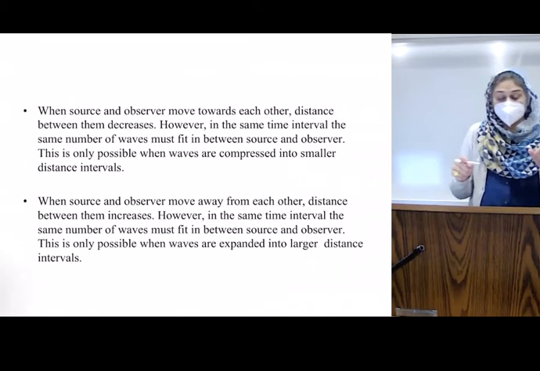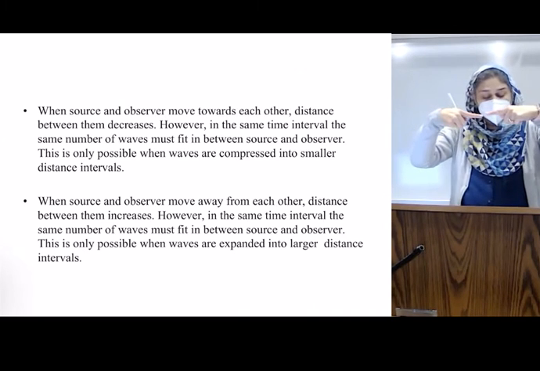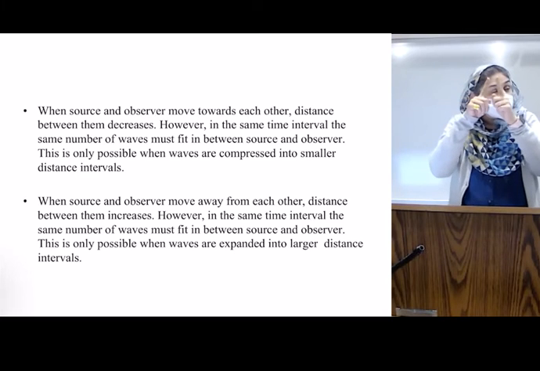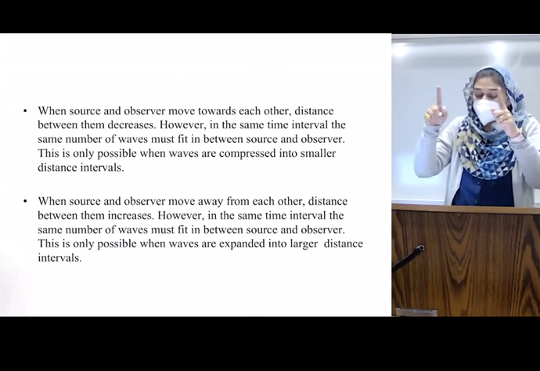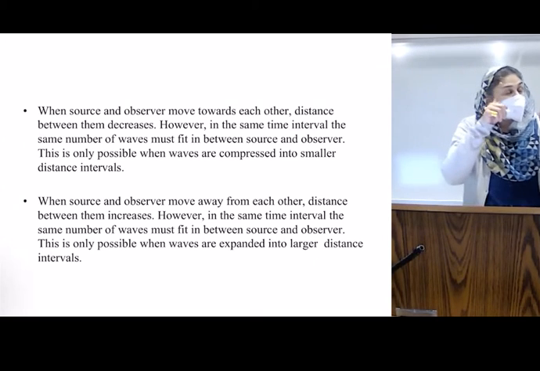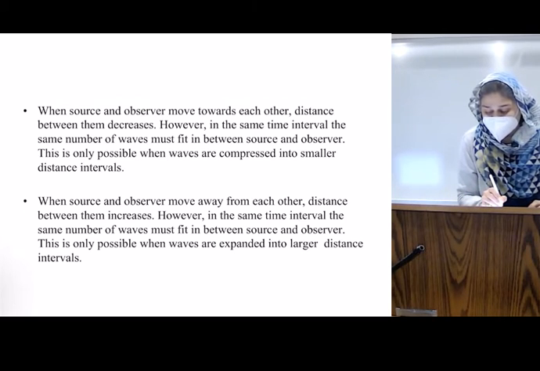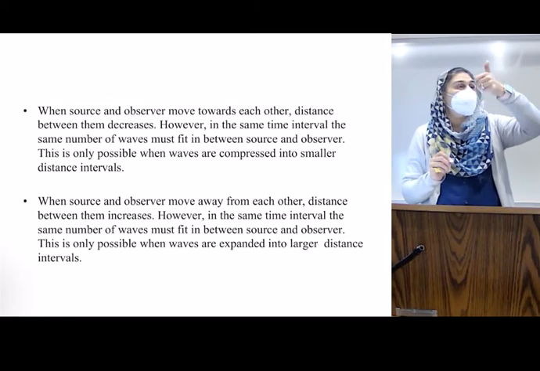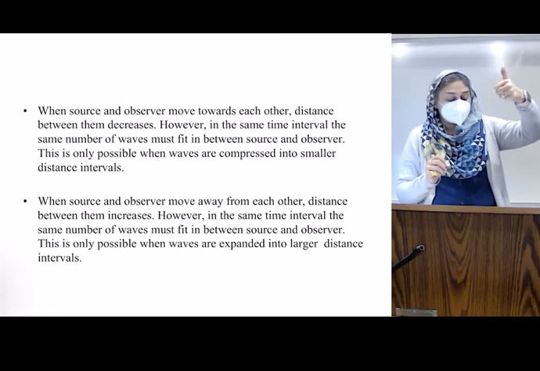So remember this. When the source and observer move towards each other, the distance between them is getting smaller and smaller, which means in the same time interval, the same number of waves must fit in there. The only possibility is that the frequency of the incoming wave has to go up. Or the apparent frequency must go up.